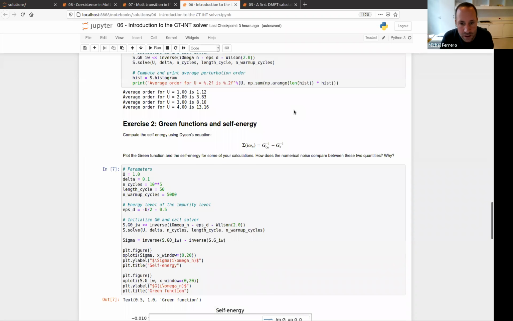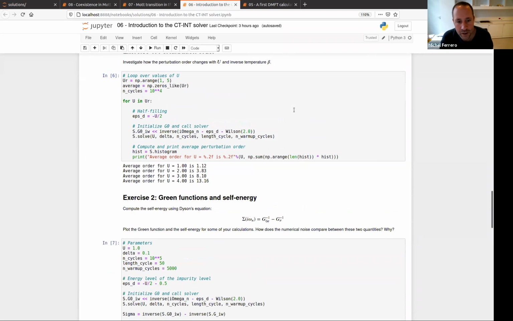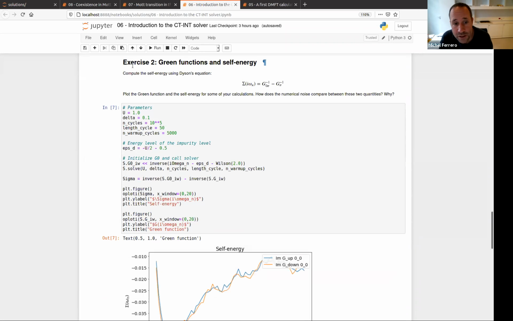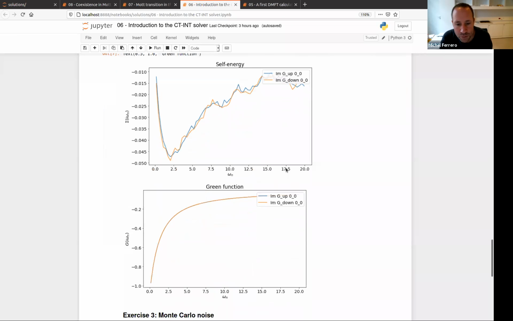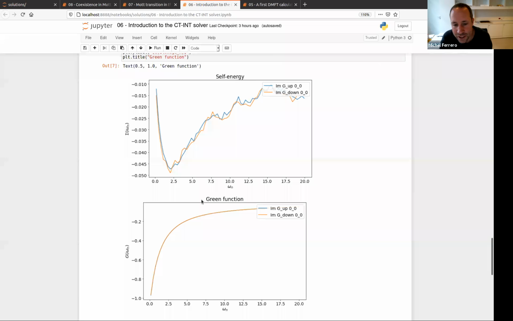So for the exercises here, I'll start maybe with the second one, which is maybe the more interesting. It's an example where we compute the Green function, but then also extract the self-energy through the Dyson equation. I'll do this again for the same sort of parameters as before, but what I want you to observe, and this is always the case, is that during the Monte Carlo the noise in the Green function is much smaller than in the self-energy.